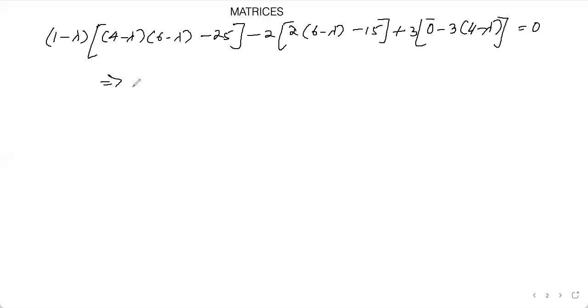So we have expanded along the first row. What do we get? Minus lambda cubed plus 11 lambda squared plus 4 lambda minus 1 is equal to 0.